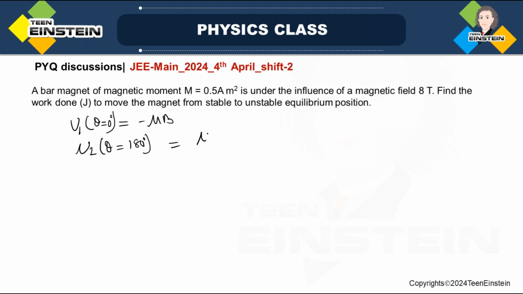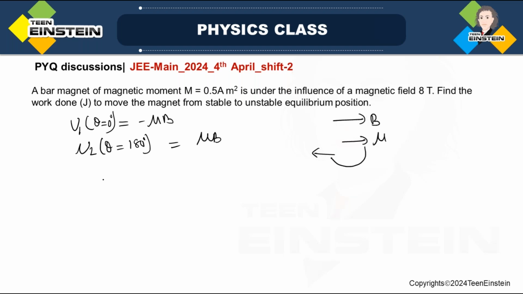So this is mu B. That means you have this magnetic field. I had initially the bar magnet in this direction. I have to rotate all the way in this direction, so I have to rotate by 180 degree.